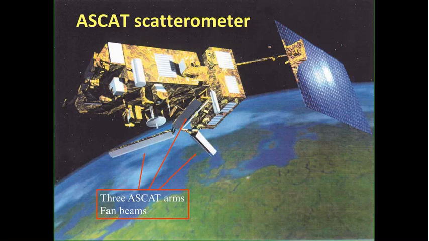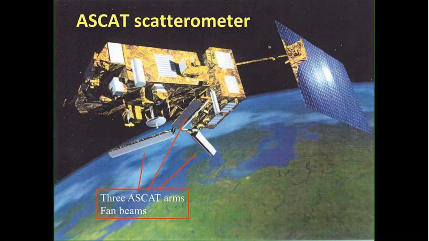On the ocean surface, they will show up as fan beams. These fans on the ocean surface, as the satellite is propagating, constitute two swaths of data, one on the left-hand side and one on the right-hand side of the satellite.